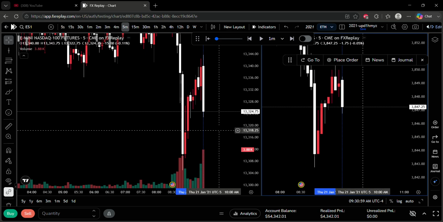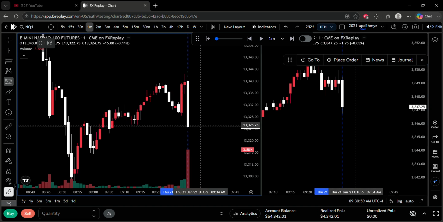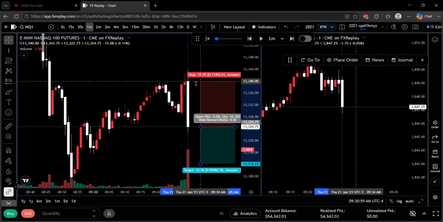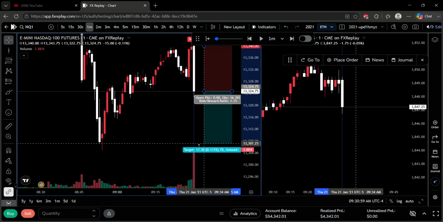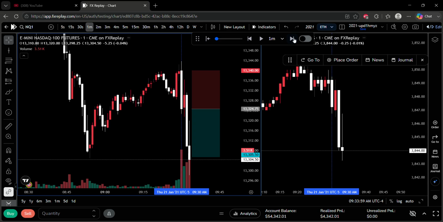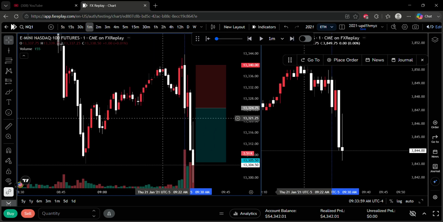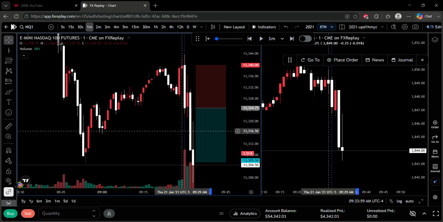ES is in this 5. I wouldn't take this, but you could. Honestly, you could take this. I don't see setups like this very often.